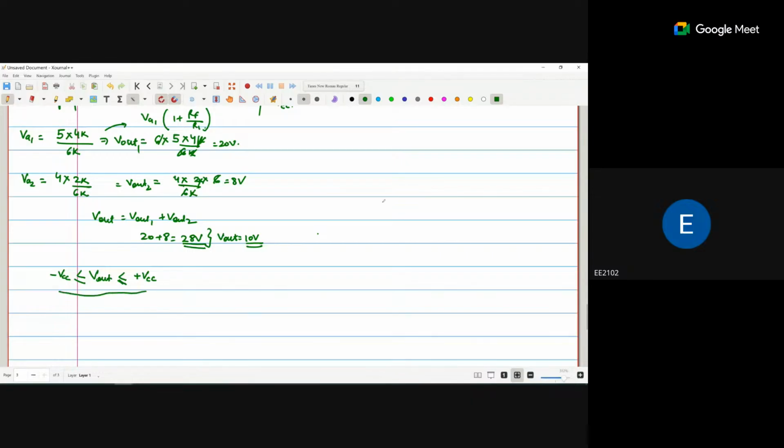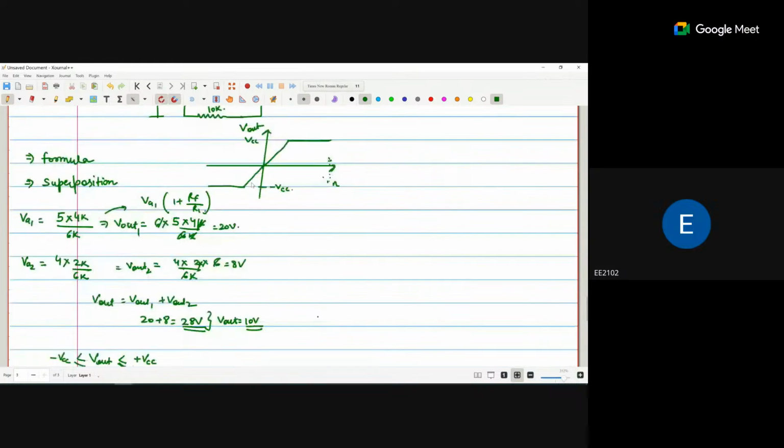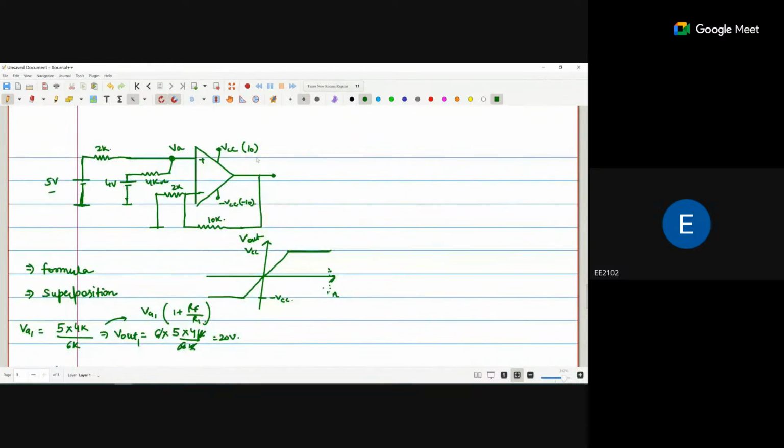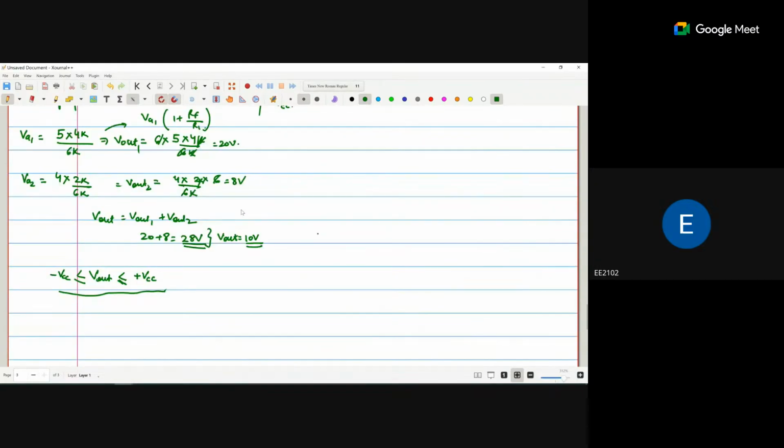Like in this question, if I mention that VCC is 10 volts and minus VCC is minus 10 volts, you are getting V out as 28 volts, but your actual V out will be saturated at 10 volts. Your actual V out does not go beyond 10 volts.